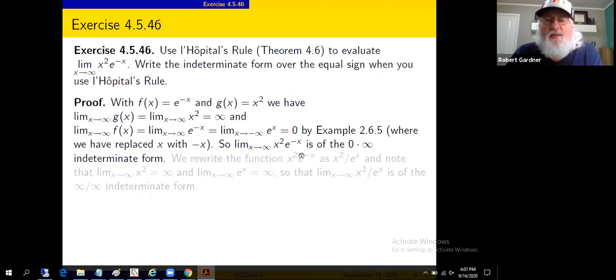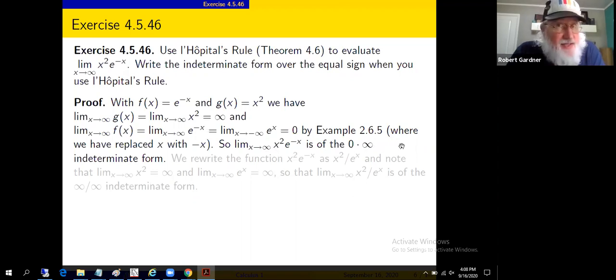So if we look at this limit, one of them went to 0 and the other one went to infinity. So I call this a 0 times infinity indeterminate form. We hadn't discussed those yet, we will soon, and this hasn't formally been defined, but that's what I'm thinking.